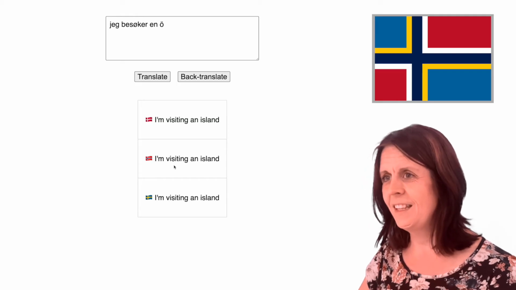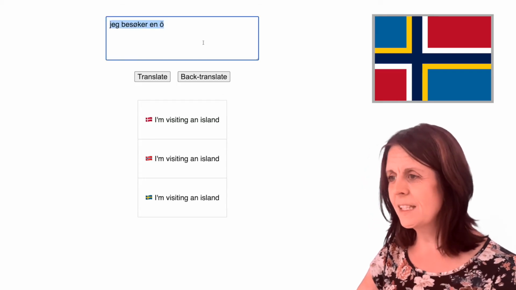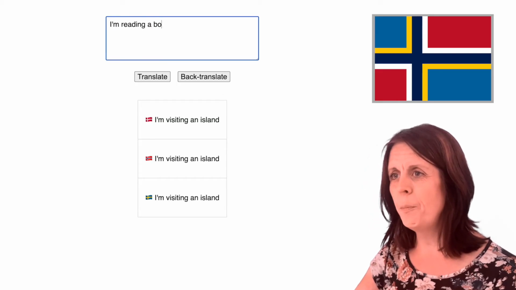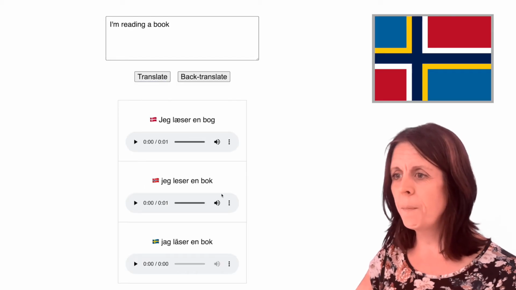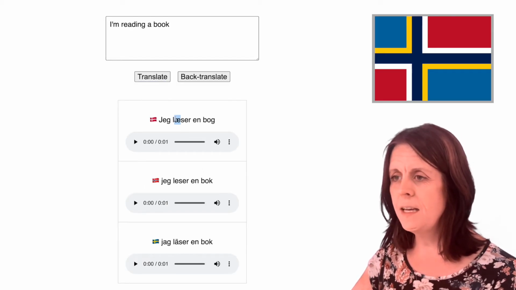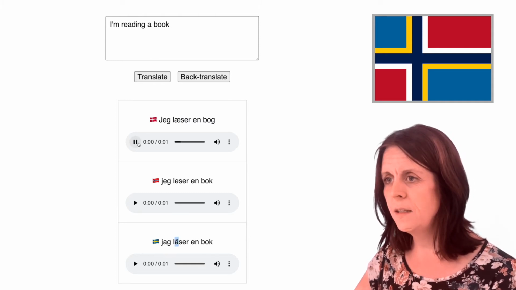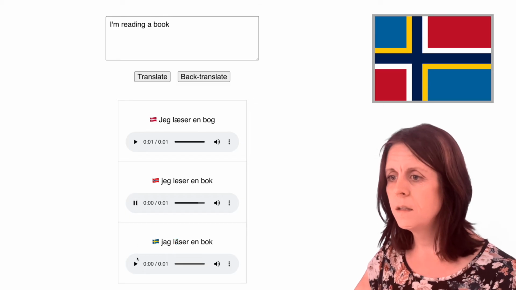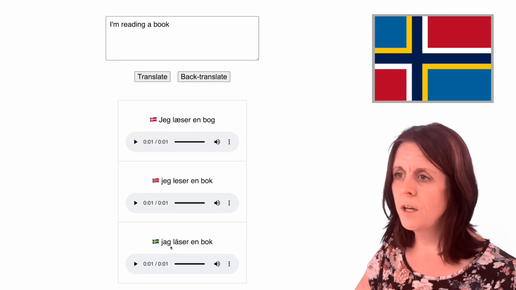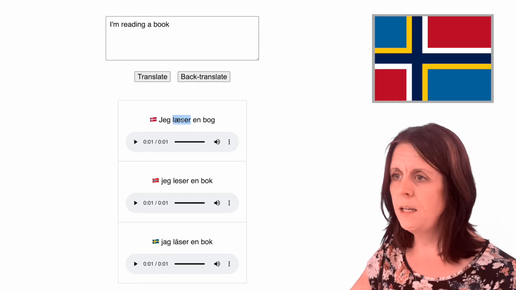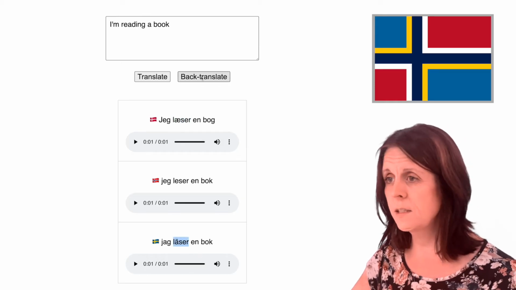Good. This is good. My next example, I'm reading a book. Again, we've got this E letter, which is E in Swedish. Let's listen. Jeg læser en bog. Jeg læser en bog. So we can basically say jeg læser is the winner.